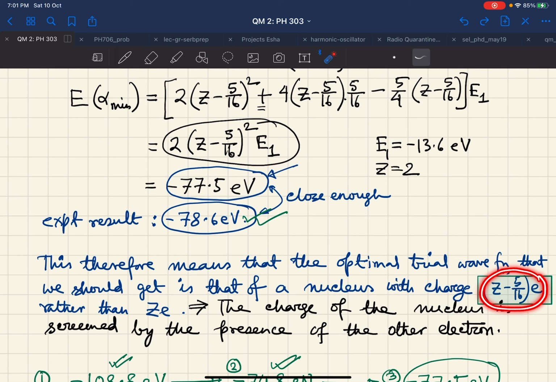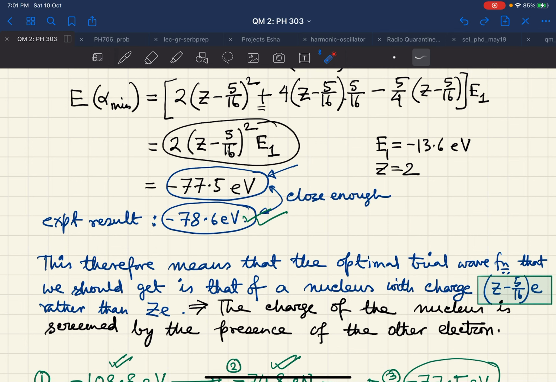So the optimal trial wave function is basically telling you that the electron sees the charge of the nucleus not as Z times e, rather Z minus 5 by 16 times e. So immediately the charge of the nucleus is screened by the presence of the second electron. That is why the charge is reduced. It's not Z times e, rather it is Z minus 5 by 16 times e.